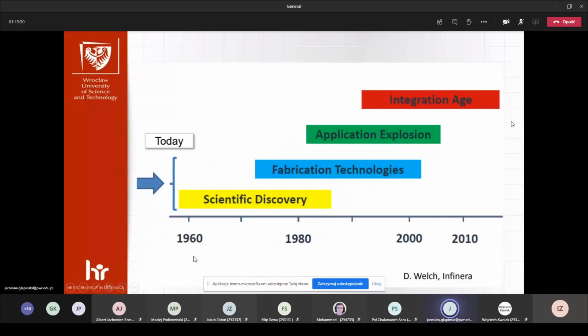Because the laser theory starts from the 60s, we had lasers only for scientific use, and then today, in the integration age, lasers are everywhere.